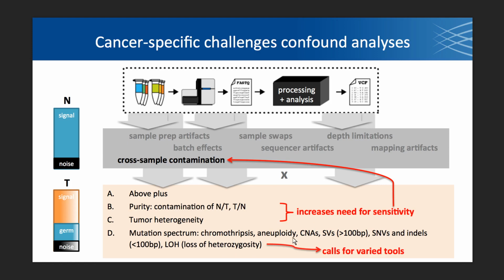We have aneuploidy, which are chromosome number abnormalities, copy number alterations, structural variants, which are large variations, SNVs and indels, and something called loss of heterozygosity, where you can lose the variation but maintain the copy number level. We'll get into that at the very end a little bit. And so all of these different types of mutations call for different types of tools in the somatic field.